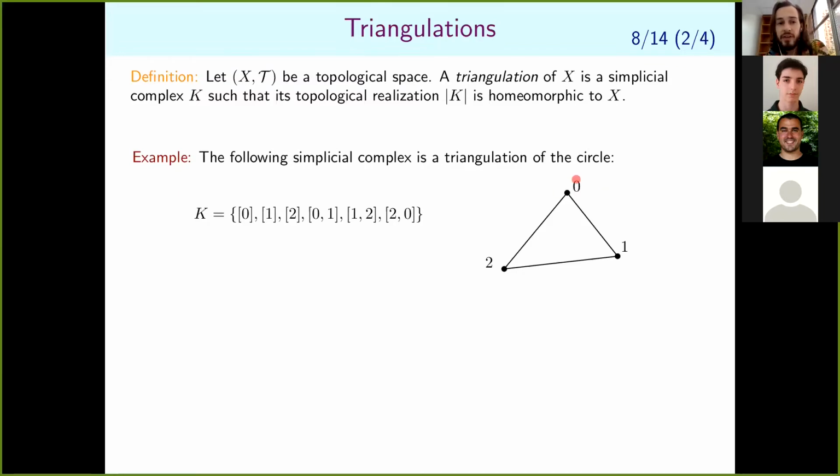So I can say that this topological realization is homeomorphic to a circle. So according to the definition, this simplicial complex is a triangulation of the circle. And now you are able to manipulate the circle on your computer simply by using this structure.